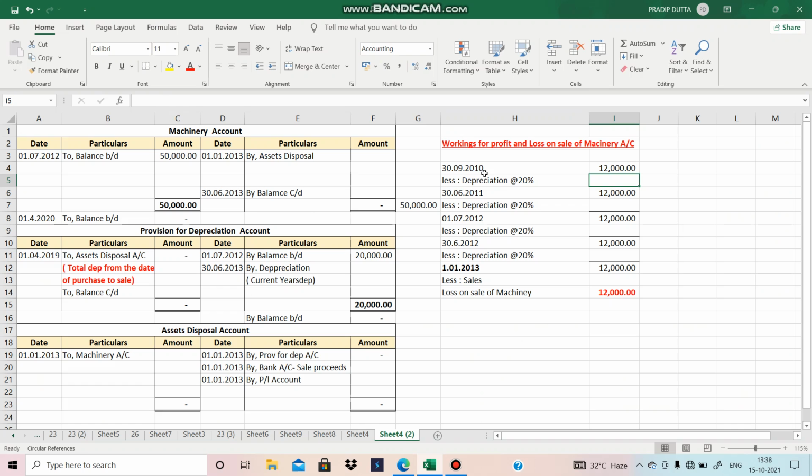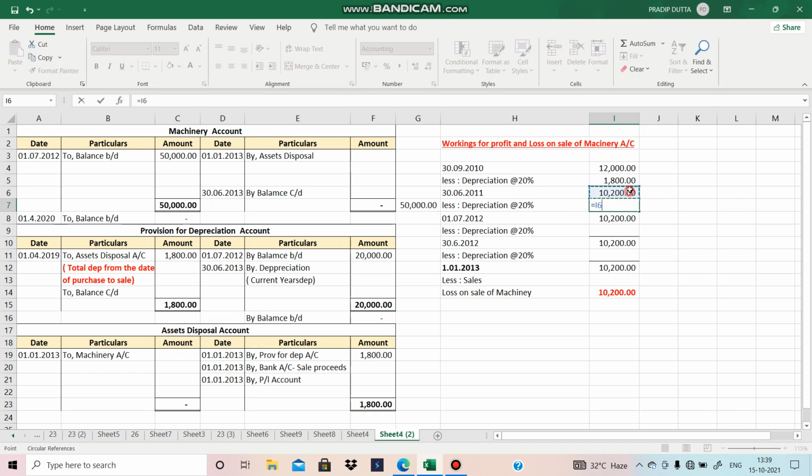From September to June, October, November, December, January, February, March, April, May, June, the first year depreciation is for 9 months. So 20% for 9 months is 1,800, and the written down value is 10,200.